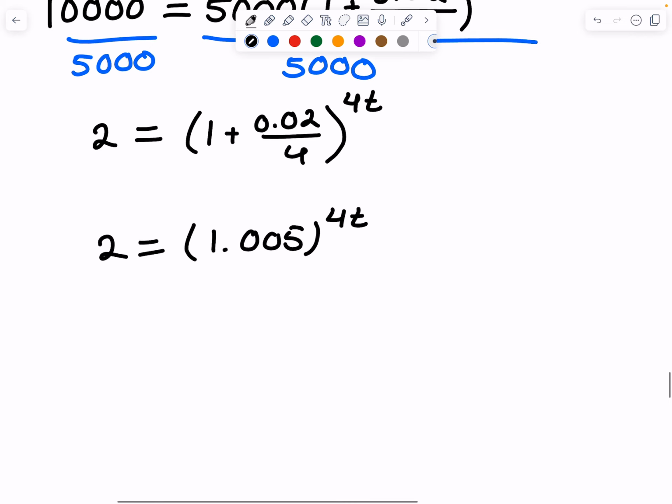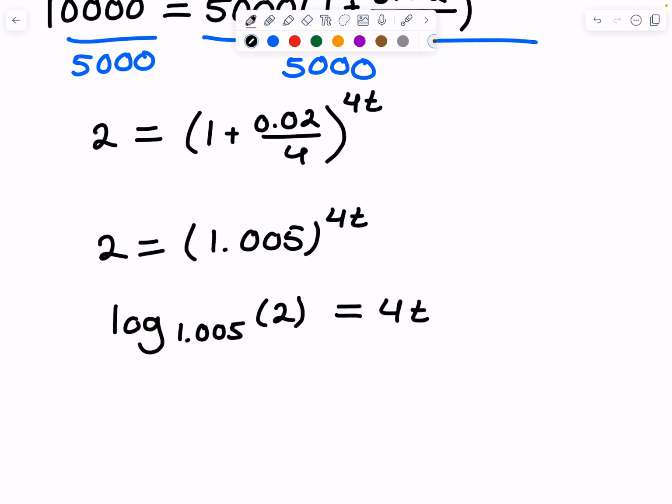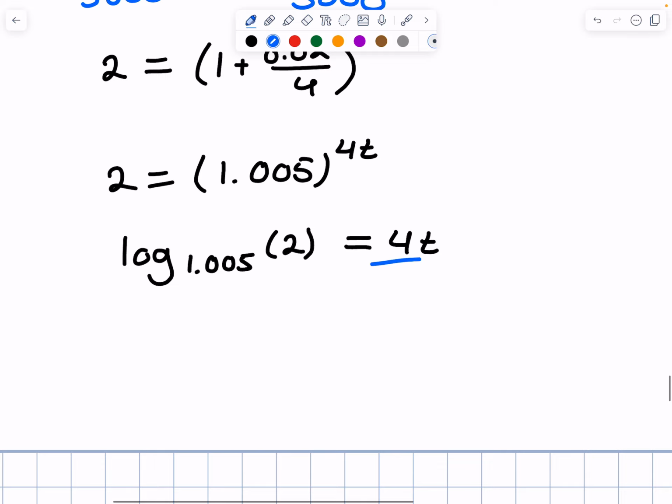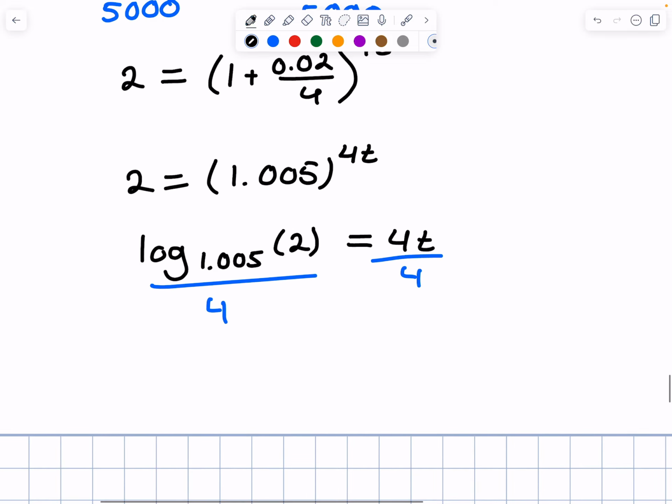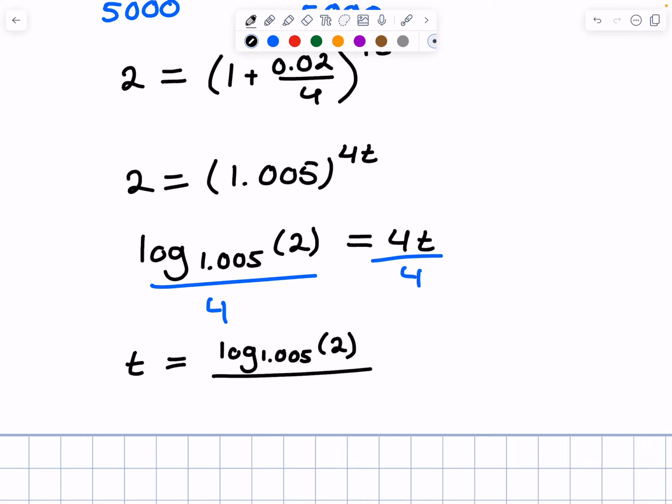And now, because it's an exponential and I've got a variable in my exponent, I can rewrite it as a logarithm. And I get log base 1.005 of 2 is equal to 4t. So the last thing I need to do is just divide both sides by 4. And I get t is equal to log base 1.005 of 2, divided by 4.